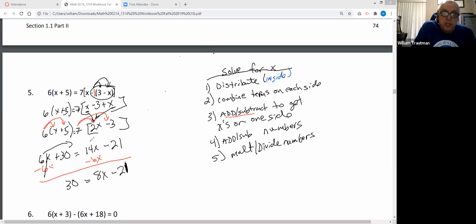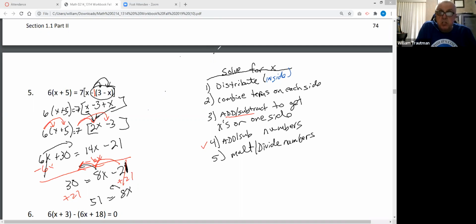And we need to get rid of the 8 and the 21. Step 4 says get rid of the 21 first, the add and subtract. It's a minus 21. We're going to add 21. So we end up with 51 equals 8x. Get rid of the 8.